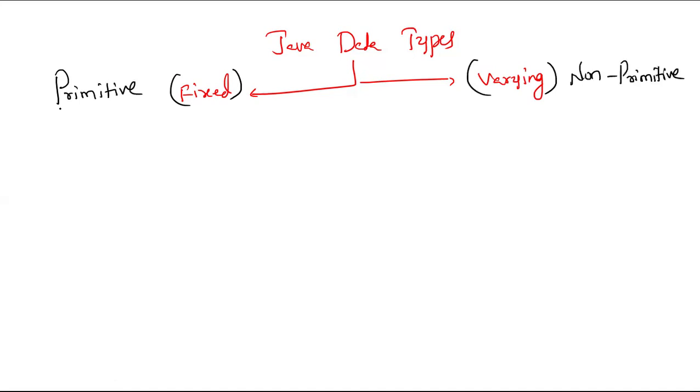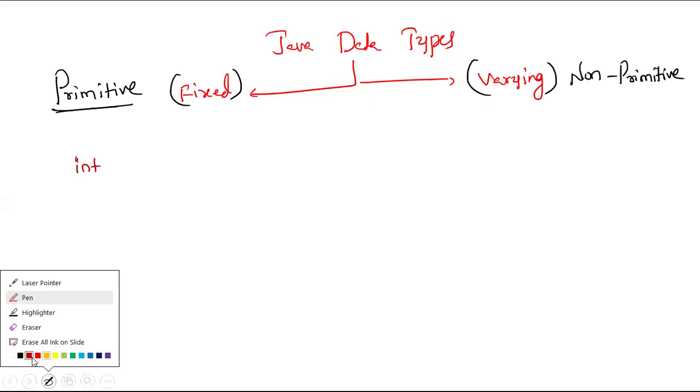Then what are those under primitive? There are 8 primitive data types in the Java programming language. So what are those? You might have some idea. Any idea about the data types? Int, exactly, yes. Int, then character, okay. I'm using a different color combination for some reason. You can proceed in any order.